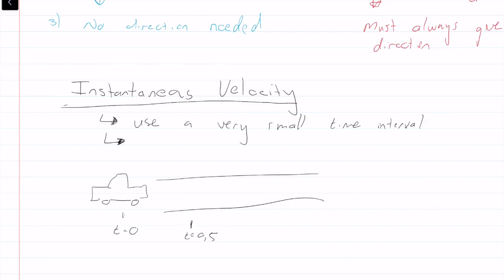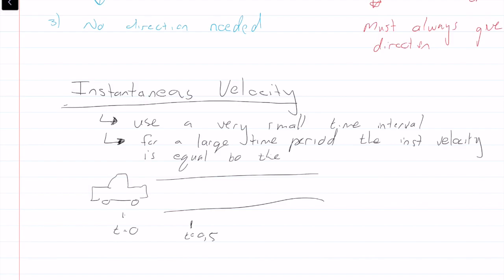So for a large time period, the instantaneous velocity is equal to the average speed with a direction. Okay, so very important.